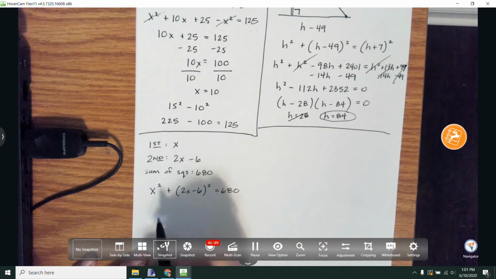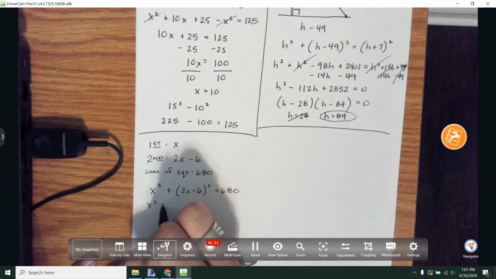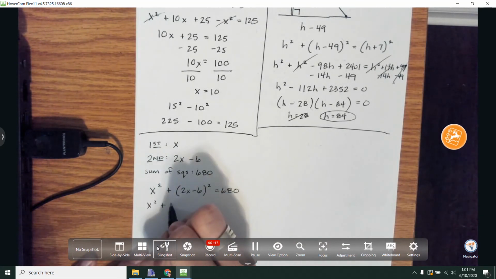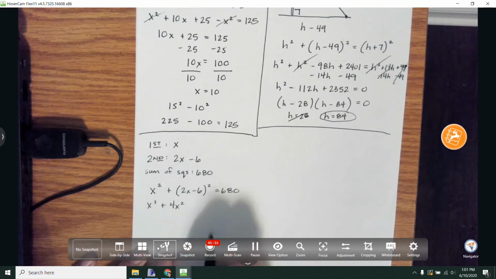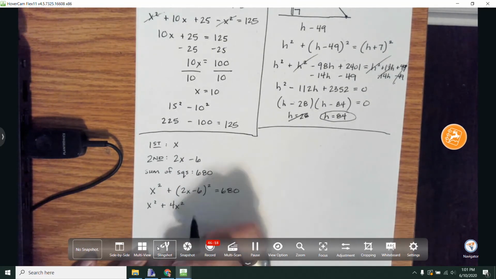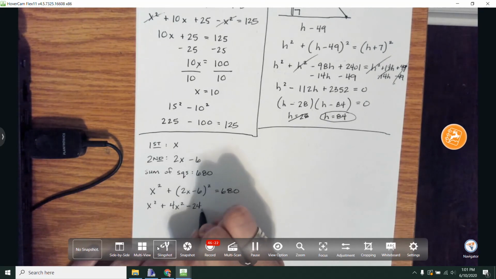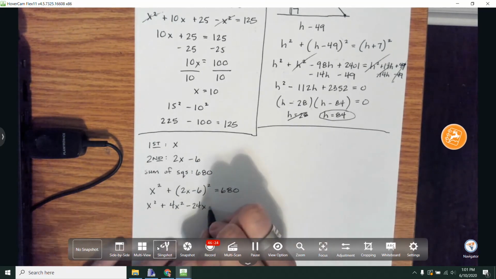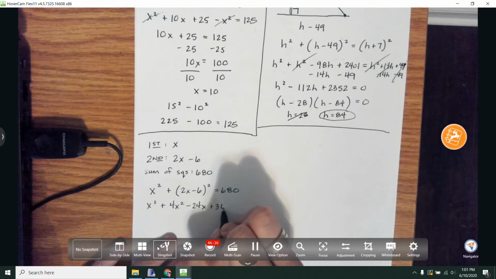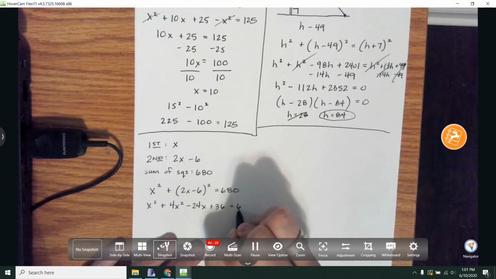So I'm going to expand this one out. We get x squared, square that one, so we get 4x squared, times them together and then double it. That's going to give us negative 24x, and then negative 6 times negative 6 is positive 36. And that equals 680.